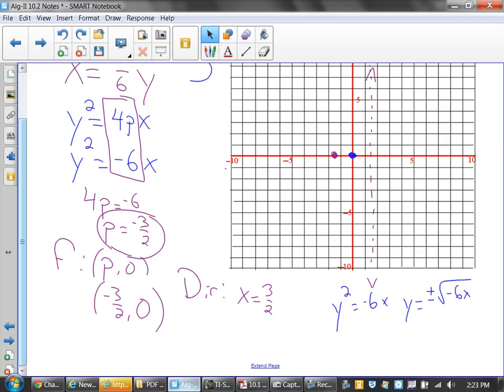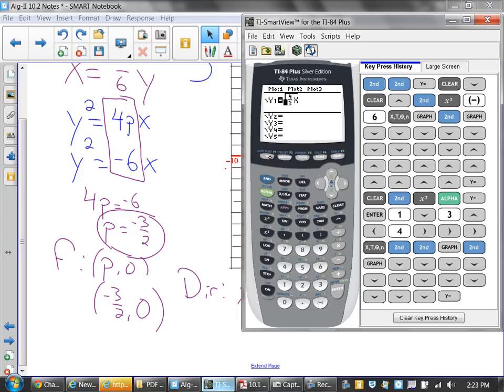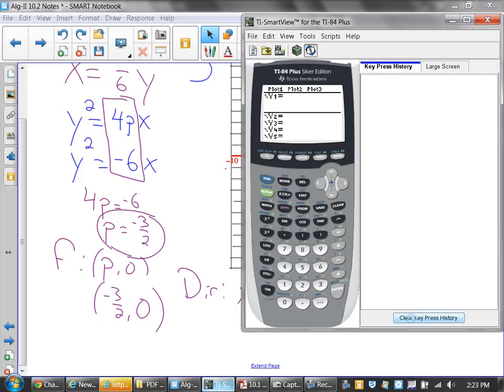When I go to my calculator, do I have to put in both the positive and the negative value? No, because they're symmetrical. I don't need to worry about that. So if I just type in y equals square root of negative 6x and hit graph, I should get the top half of the curve. Everybody okay with that?